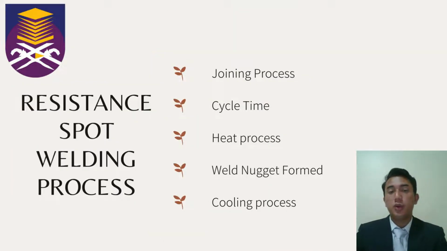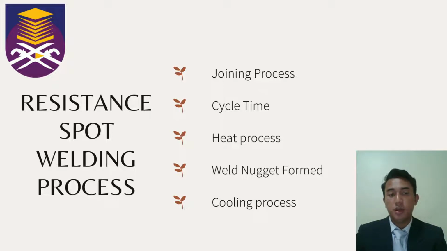The resistance spot welding process is a process of joining two metal sheets together, which is the combination of force and electric current. The clamping is used to maintain the position of the two metal plates when the process is carried out. And there are 4 cycle times. The squeeze time is the time between pressure and weld.